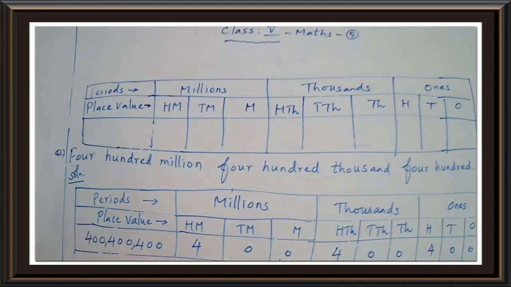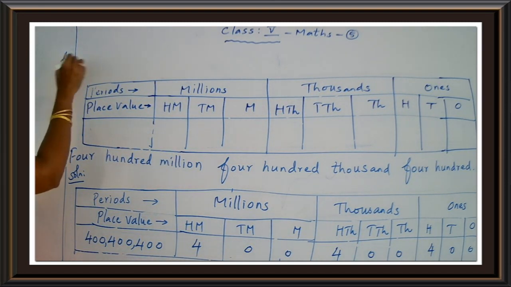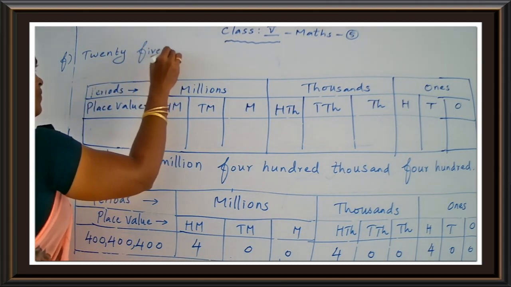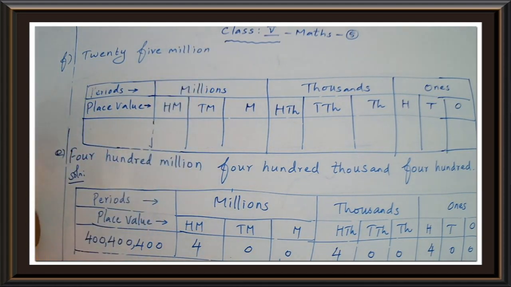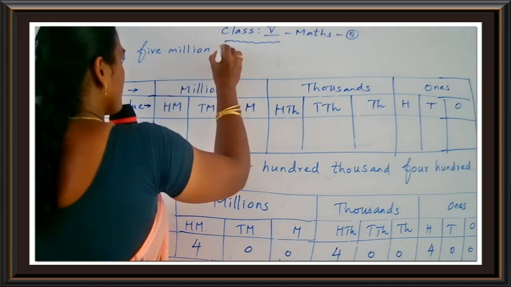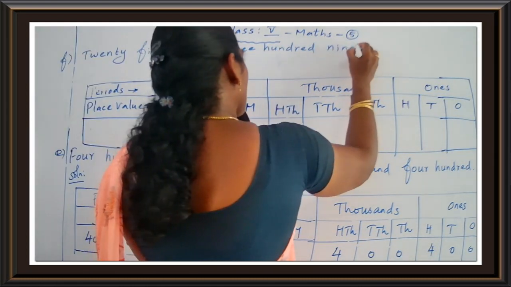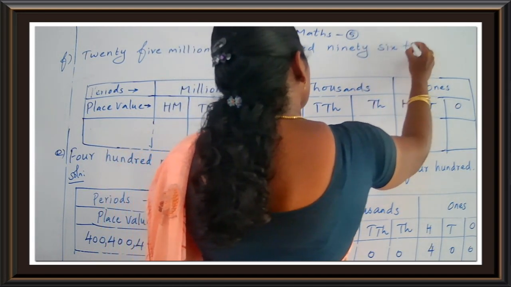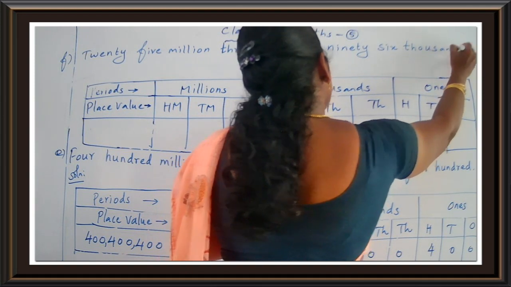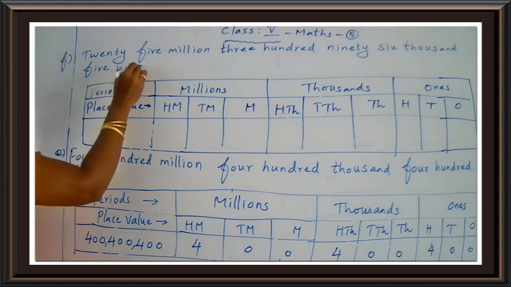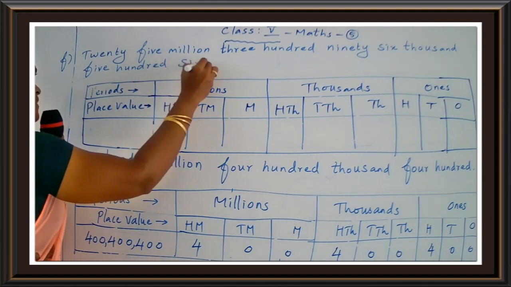Your question is F, okay? $25,396,561. This is the solution.